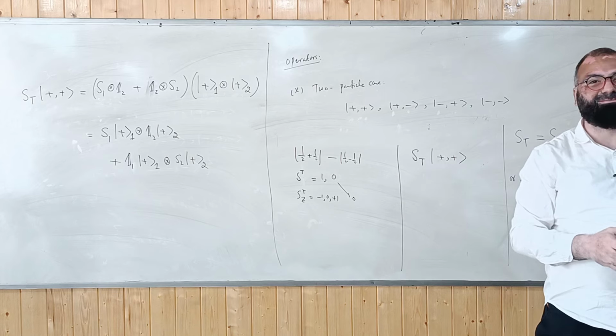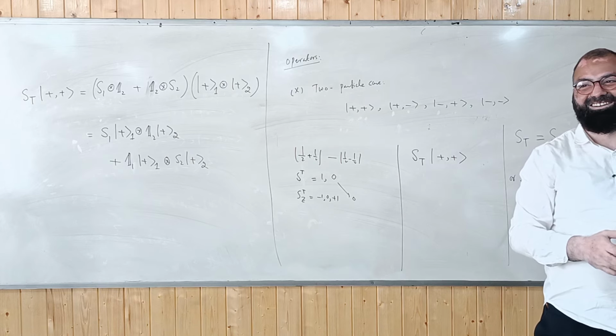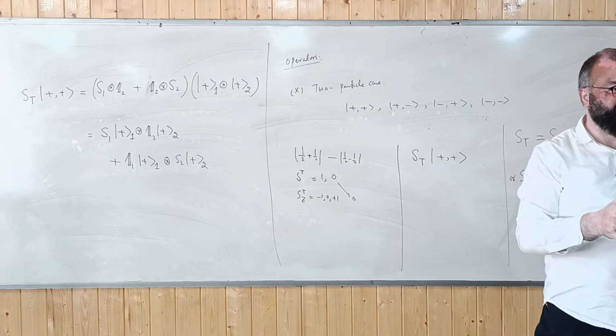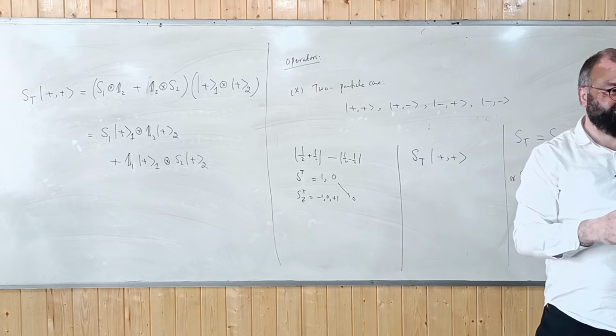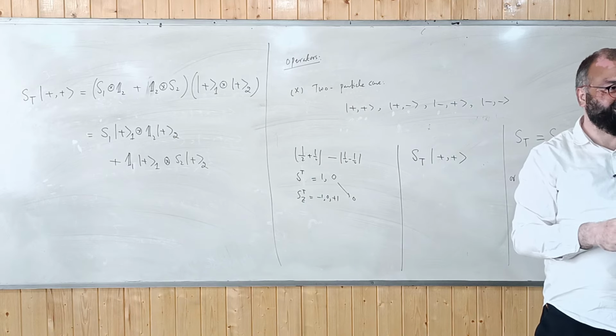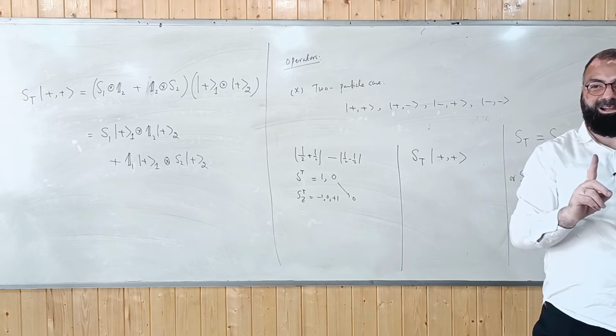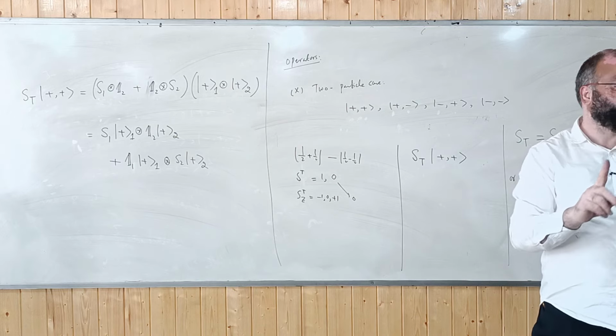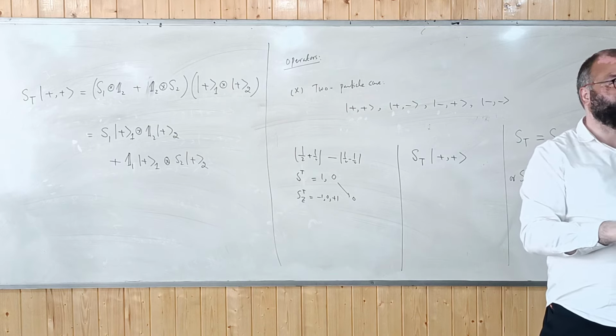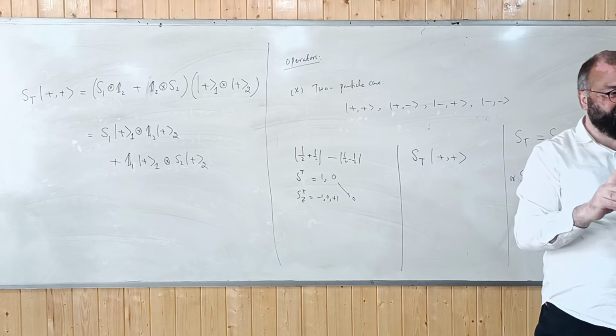What are the eigenvalues of S? What are the eigenvalues of L? Those are actually the eigenvalues of L square. So you have to operate L square and LZ, or you have to operate S square or SZ.